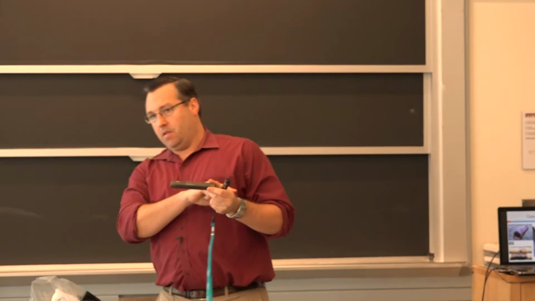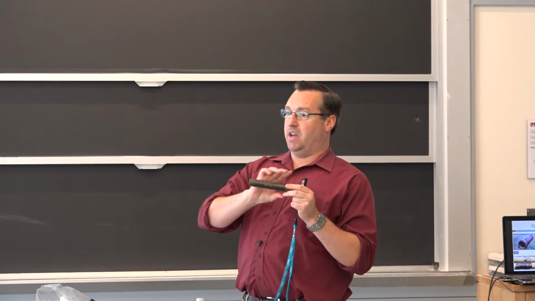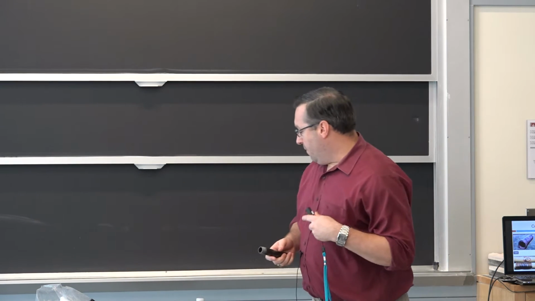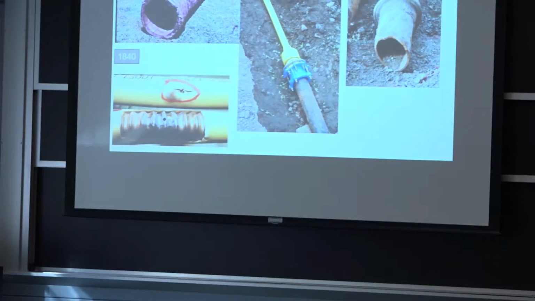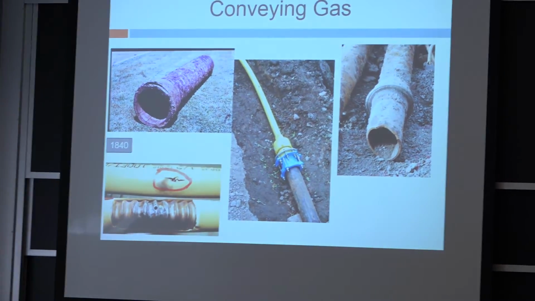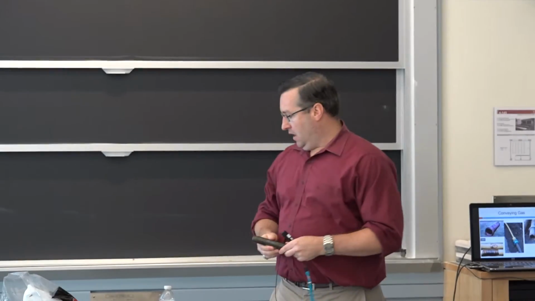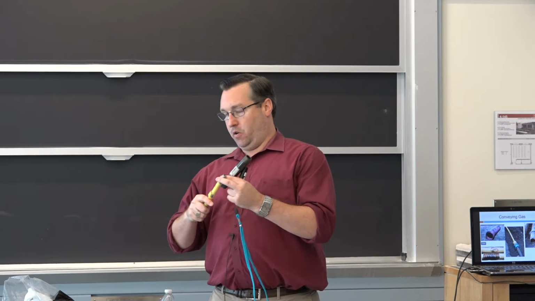So this is what used to be a threaded pipe for the gas connection to your house. This is where the gas would come in through just a black iron pipe. One of the reasons they wanted to get away from it is because this is more flexible. So rather than having a threaded connection and having elbows and T's and everything, they could use this material, which has some flex to it, okay?